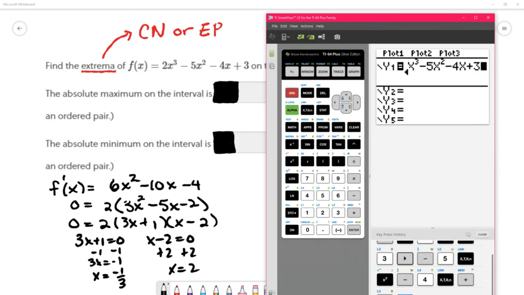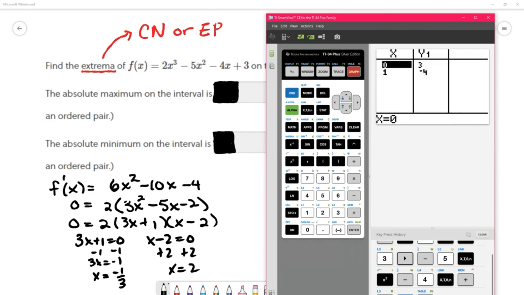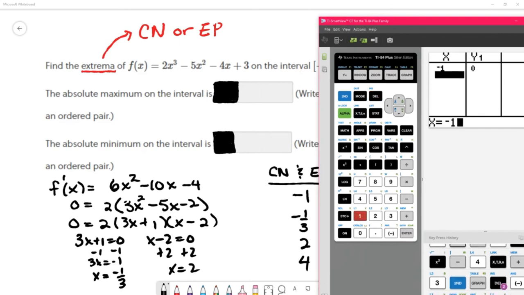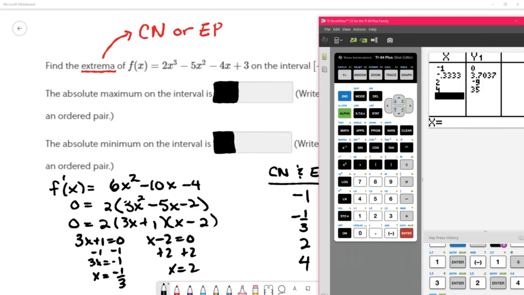And I'm going to go to my table. Let's delete these old values. And I want to use the values that I've chosen here. Negative 1 is an endpoint. Negative 1/3 is one of my critical numbers. 2 is a critical number, and 4 is an endpoint.